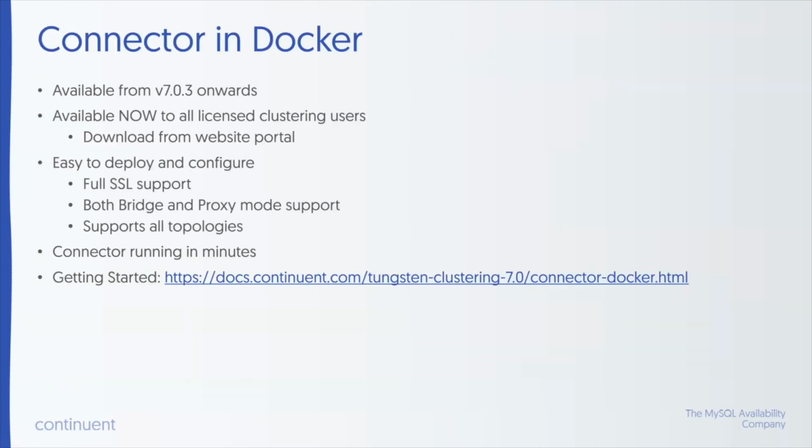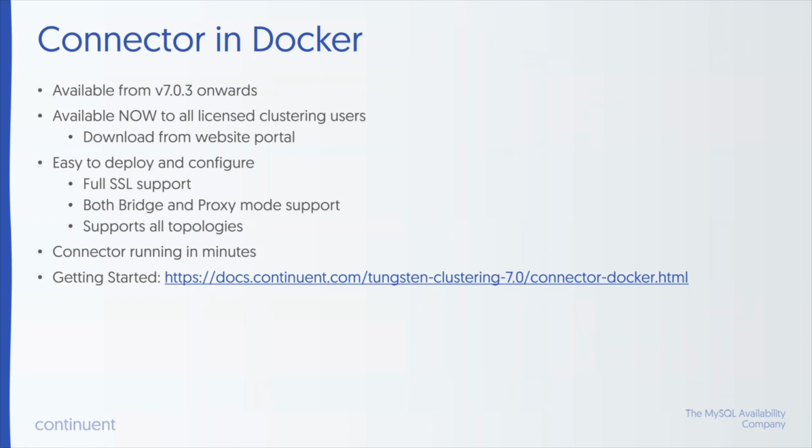And available from 7.0.3 onwards, we shipped the first version of the standalone connector available as a Docker installation. So it's available to all licensed clustering users. If you want to distribute your connectors via Docker, you can download it from the website portal.